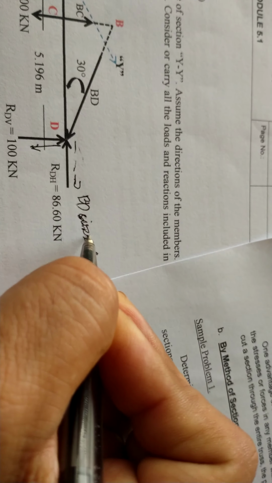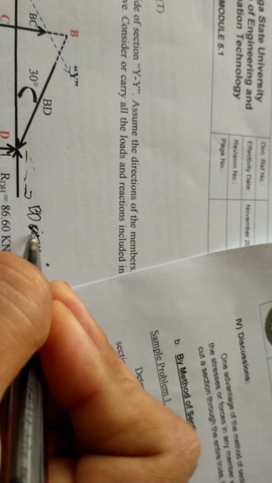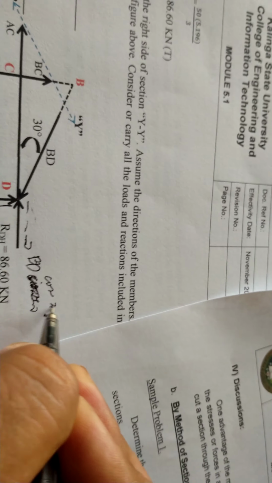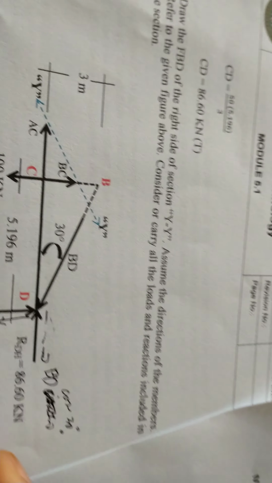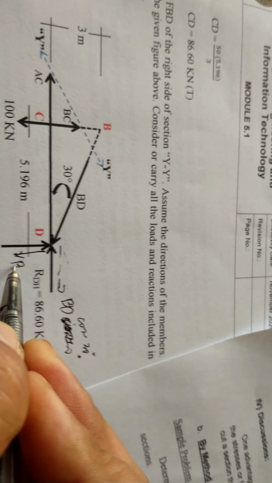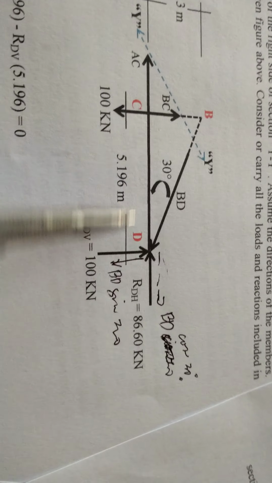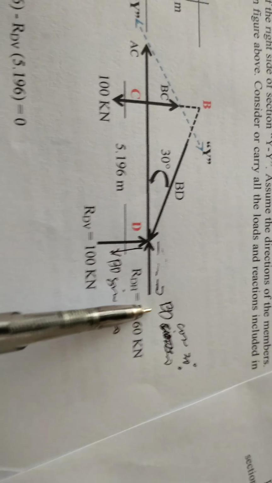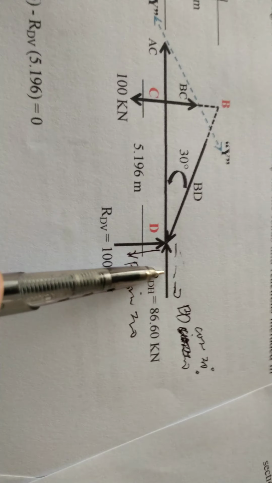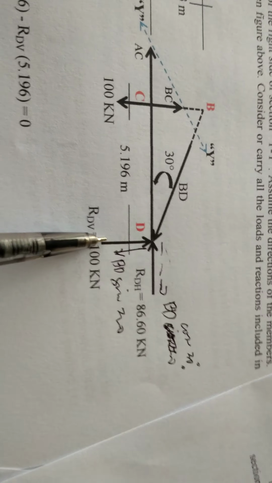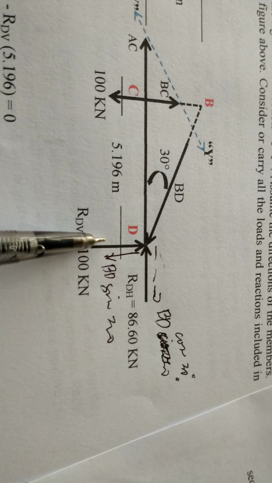Sorry, this is cosine 30 degrees, and this will be BD sine 30 degrees. Taking moments here, class, the BD cosine, the horizontal one, is eliminated, and only the vertical component remains.